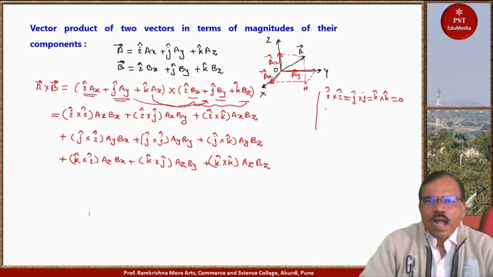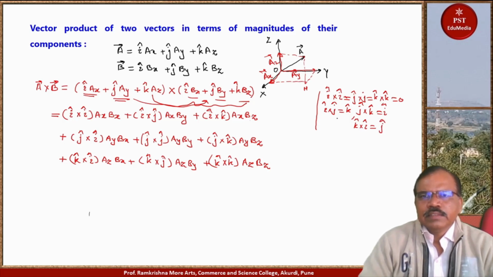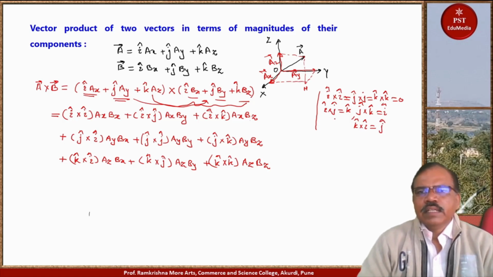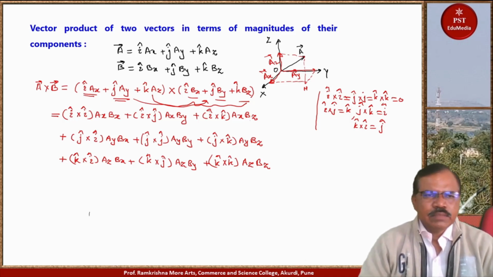And now I cross J is the third unit vector K. Now J cross K is equal to I, and K cross I is equal to J. And if we change order, then it is negative. Means J cross I is minus K, K cross J is minus I, I cross K is minus J.